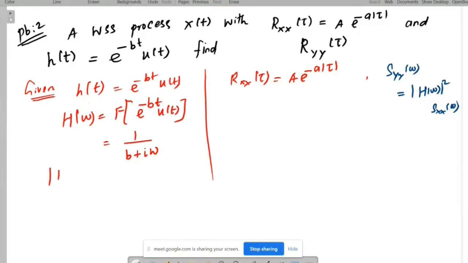Simply you can find modulus H of omega square equal to H of omega times H conjugate of omega. You may get the answer also. So if you multiply these things, you may get 1 by b square plus omega square. So please try to do this. If you multiply this conjugate, you may get the answer, right?